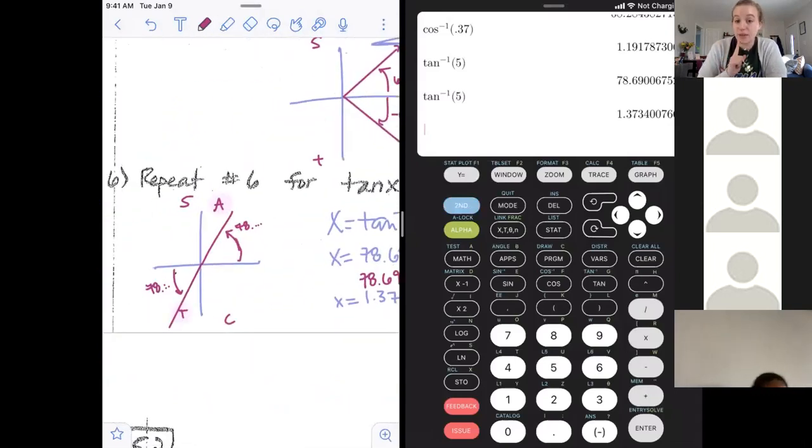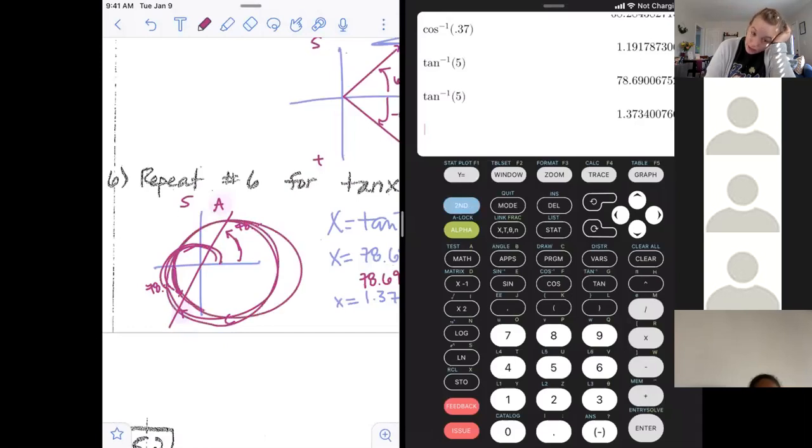To represent it in the third quadrant, we're going to say it's 180 plus 78. Again, I'm adjusting it because I want it to be in the quadrant I want it to be in. So I'm going to say 180 plus or minus n, and again, I can go around and around forever and ever.